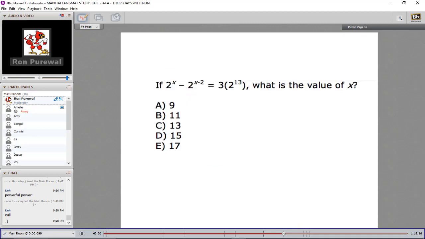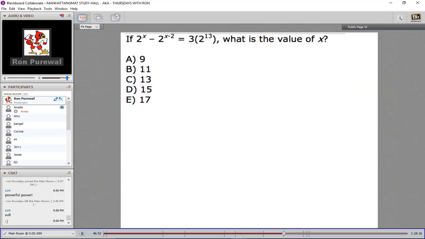But here's the problem. The main obstacle is figuring out how to handle this. When you have this kind of exponential expression and it confuses you, you should think about what happens with more familiar looking expressions of the same form.